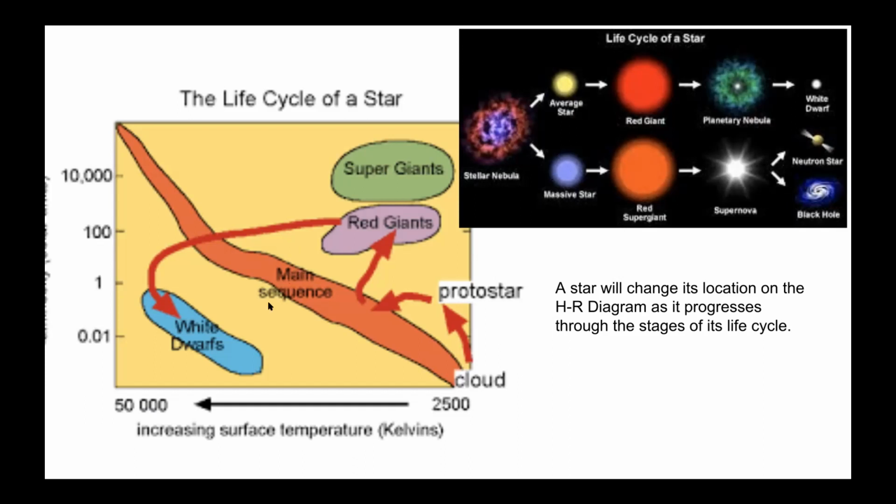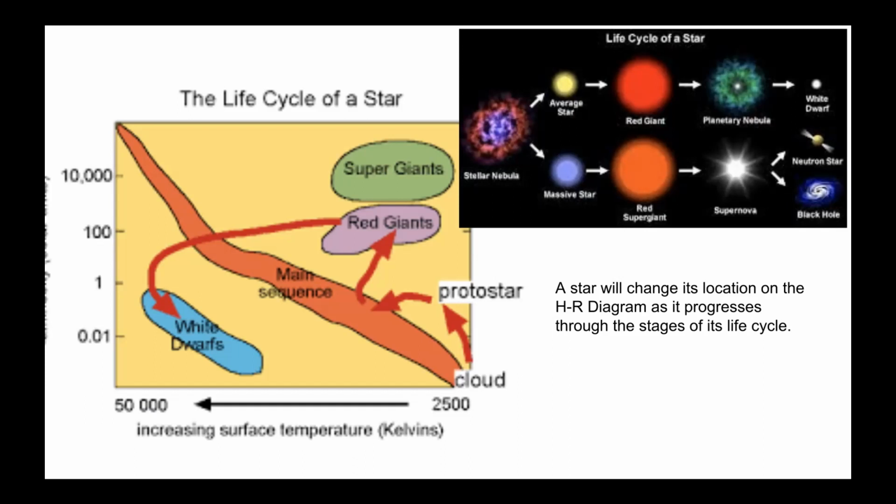One of the main things about the HR diagram is that it can follow each star through evolutionary stages. And we can see that this one, Betelgeuse, must have started out as a more massive star, up here. So we can infer its past and we can also infer its future.